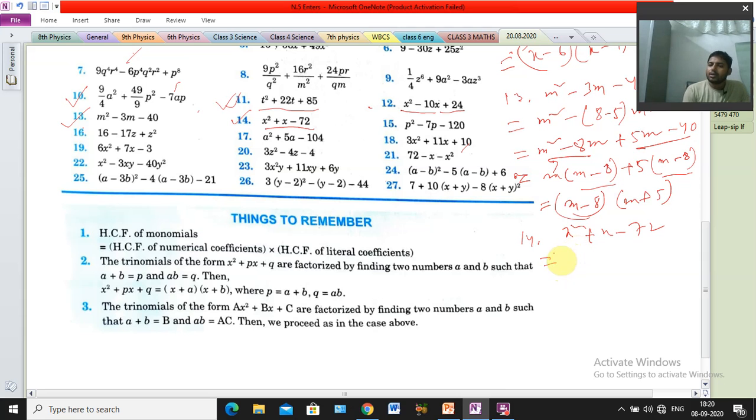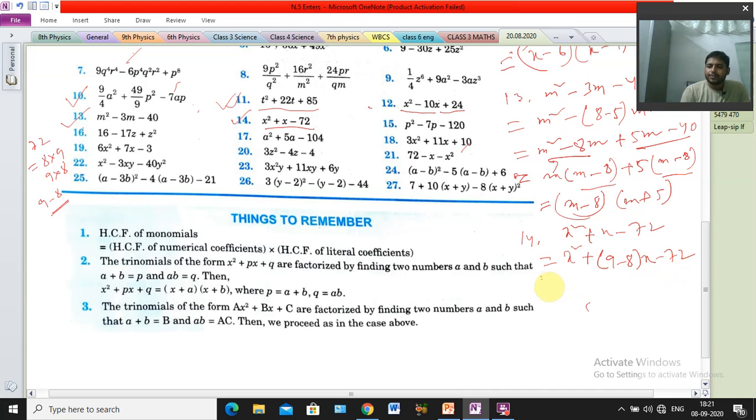The coefficient part is 1 into 72, but here we need 1. 72 means we can write 9 into 8, and 9 minus 8 also gives 1. So 9 and 8 we will take, and instead of 1 we will write 9 minus 8: x square plus (9 minus 8)x minus 72.